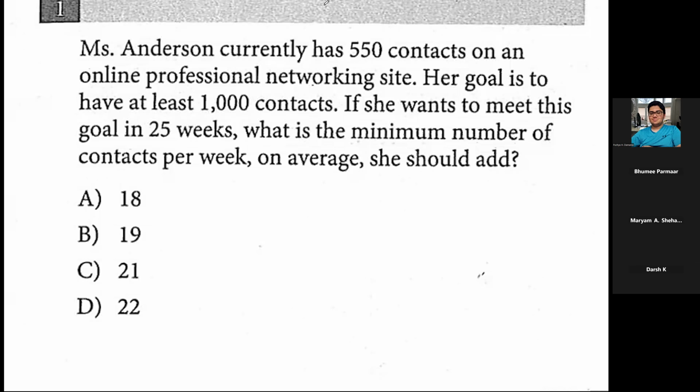Okay, so for question one, we're given the total is 1,000, their initial is 550, and they want to meet this number in 25 weeks.